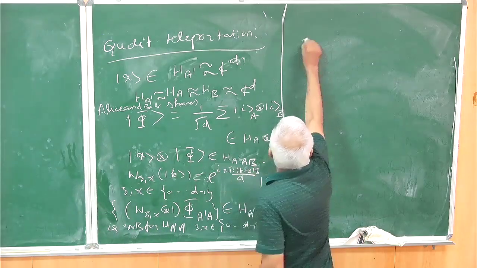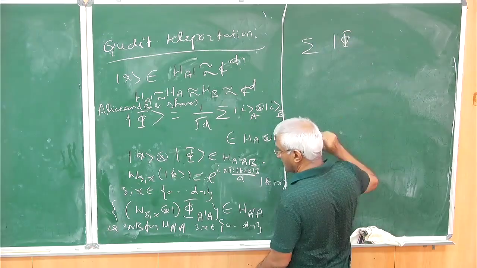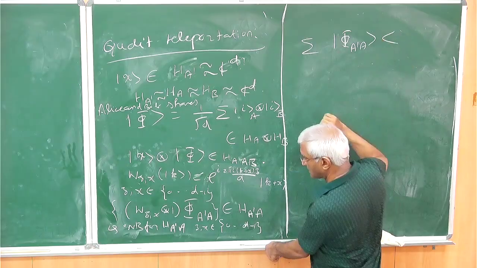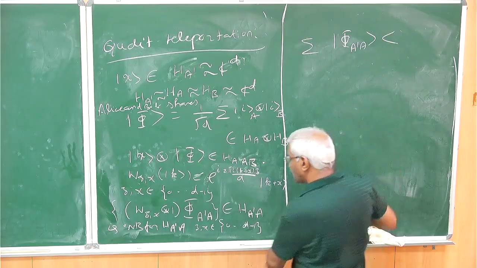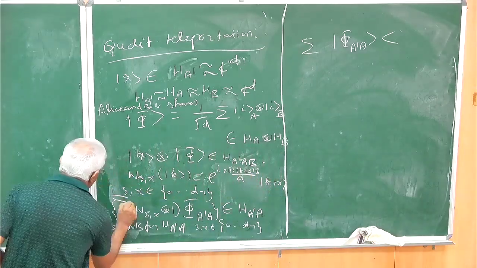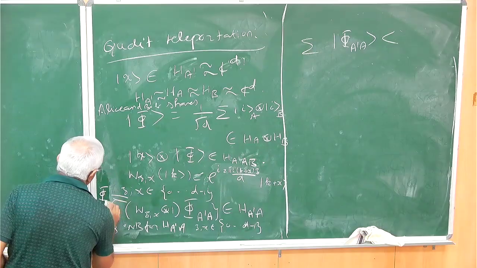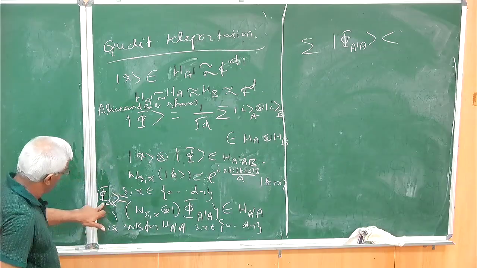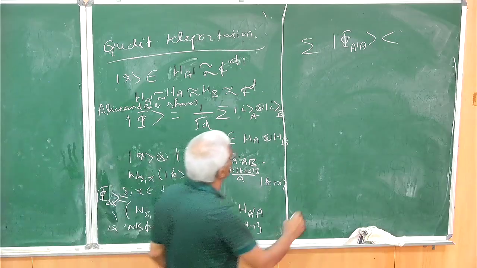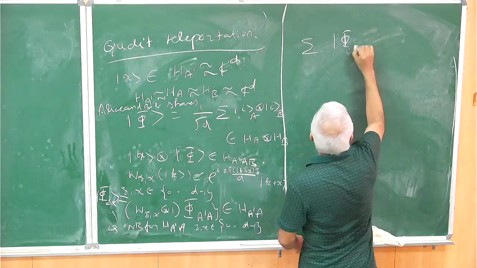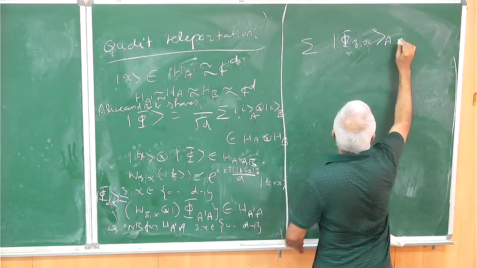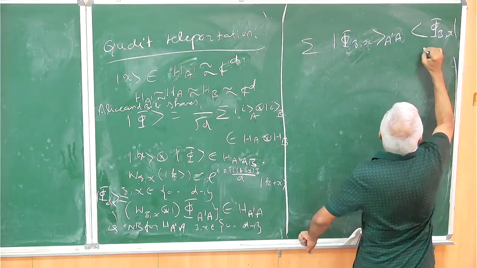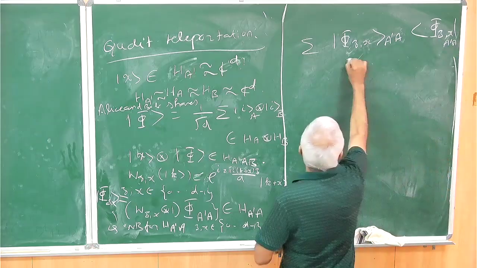So in particular, the summation of the projections P_{zx} on A'A, over z and x, equals 1. I am calling the projection P_{zx}.